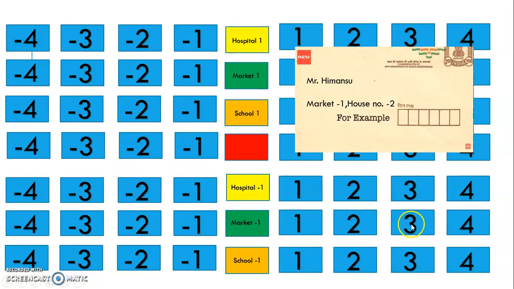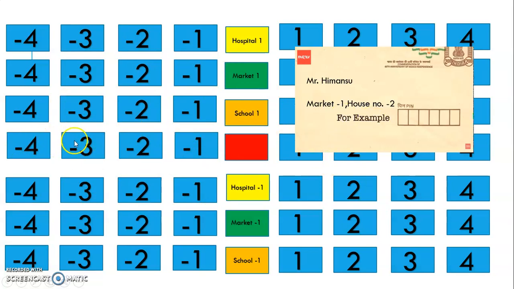Let us take a look at another example. Let's say this house. What will be the address of this house? It is in the row in which market -1 is there. So the first part will be market -1. It is 3 blocks to the right of the market. So that will be market -1, house number 3. So using this system, to each house we can give a unique house number.